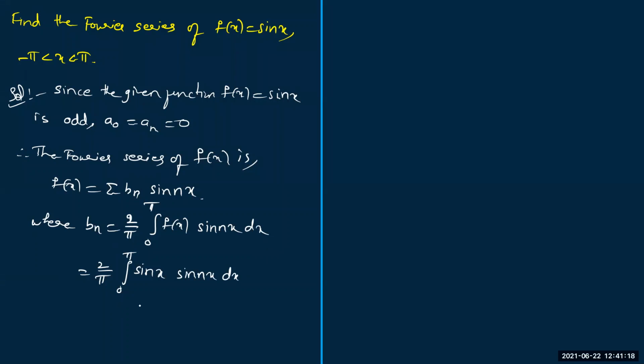For convenience, I can also write it like this: 1 by pi into integration from 0 to pi, multiplying the 2 inside, 2 sin x into sin nx.